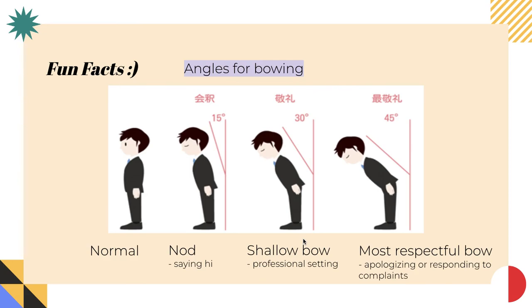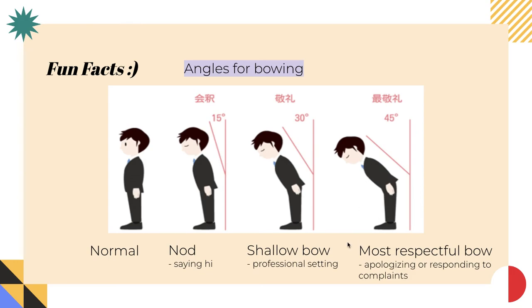So if you have a business meeting, or if you're saying goodbye to your client, you would bow at a 30-degree angle, a little more than nodding, because you want to show your appreciation towards that person.